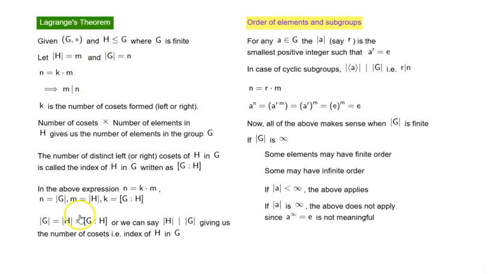So here Lagrange's theorem basically gives us the relationship between the orders of various aspects, that is, the order of the group, the order of the subgroup, and the order of the elements of a subgroup.